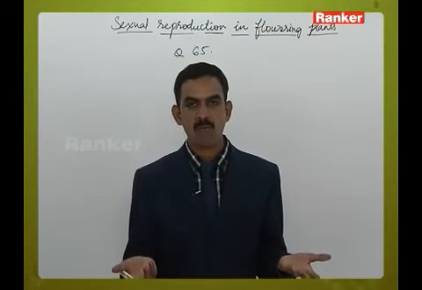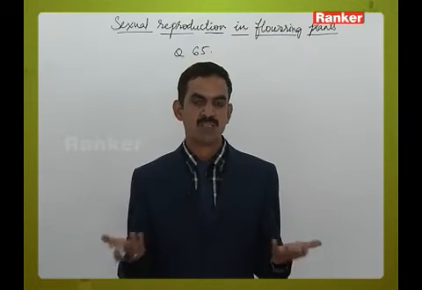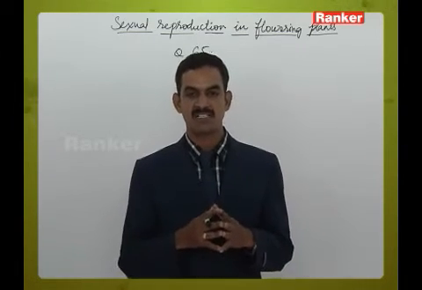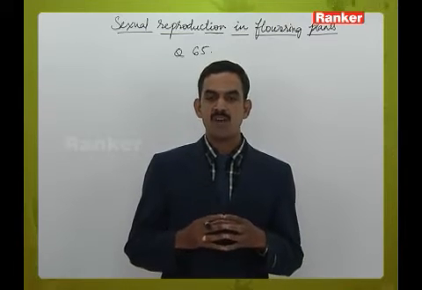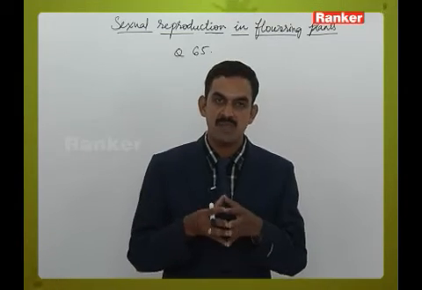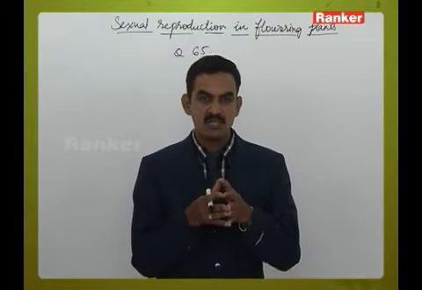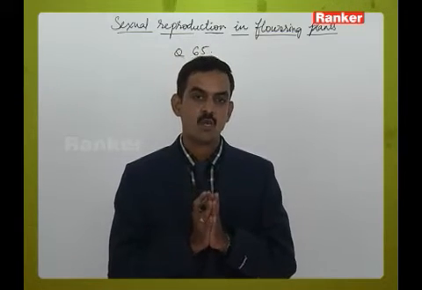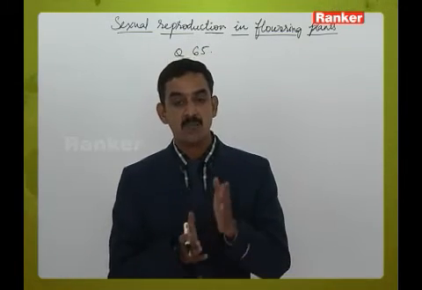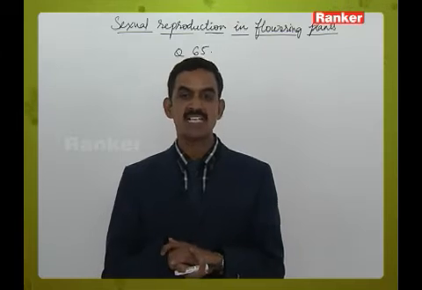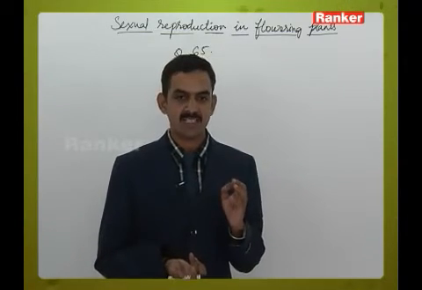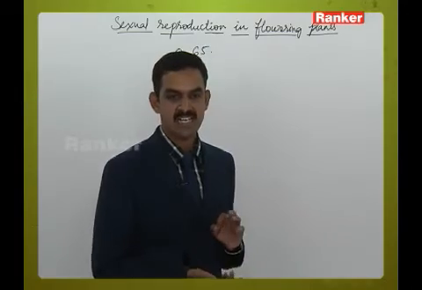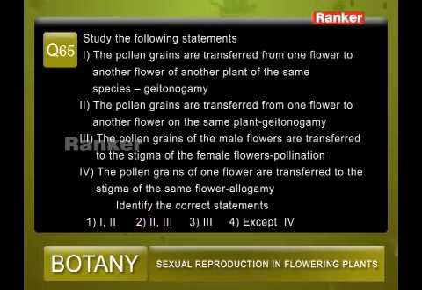So this is talking about the method of transfer, that is pollination. So that is correct. Then the pollen grains of one flower are transferred to the stigma of the same flower. When it is related to the same flower, it is autogamy or self-pollination, but there it is given as allogamy, that is incorrect. So from the given statements, 2 and 3 are correct and 1 and 4 are incorrect. So question number 65, the correct answer is 2.